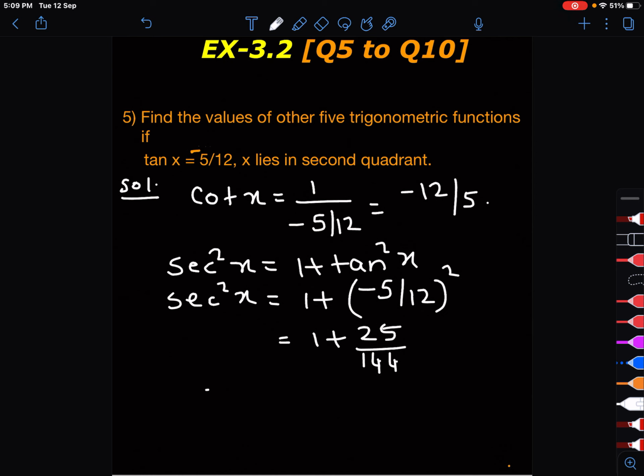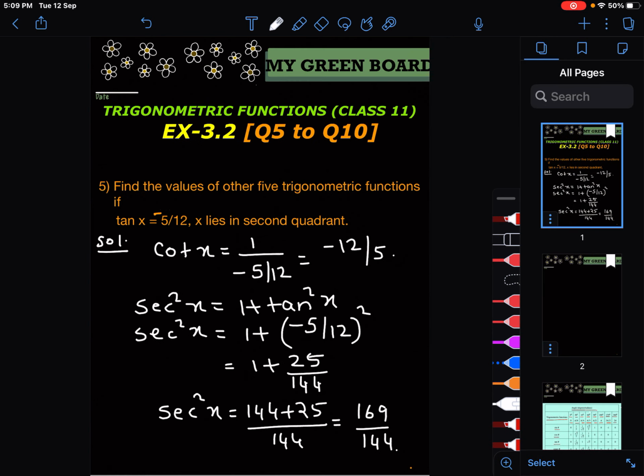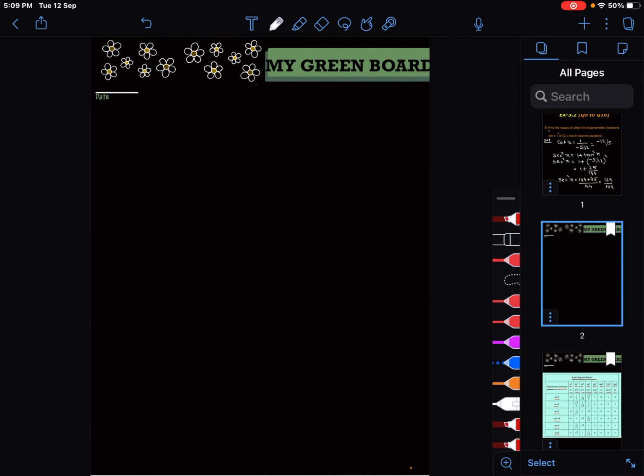Now your secant square x would be 144 plus 25 by 144, and you'll get the answer 169 by 144.